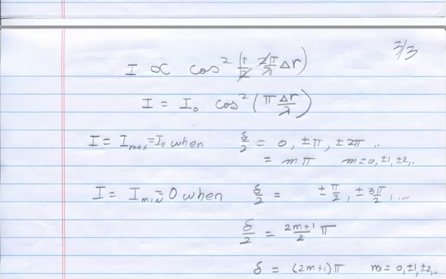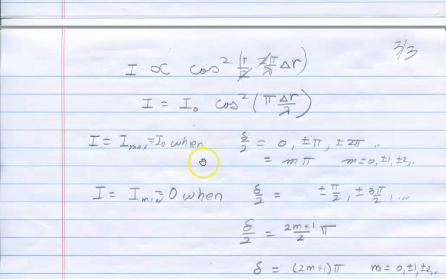Notice a few things about it, though. If I look at this expression, I'm going to get the maximum intensity when this thing inside here is either 0 or plus or minus 180 degrees, plus or minus pi, or plus or minus 2 pi. For all of those, the cosine squared becomes 1, and the maximum of our intensity will be I naught.